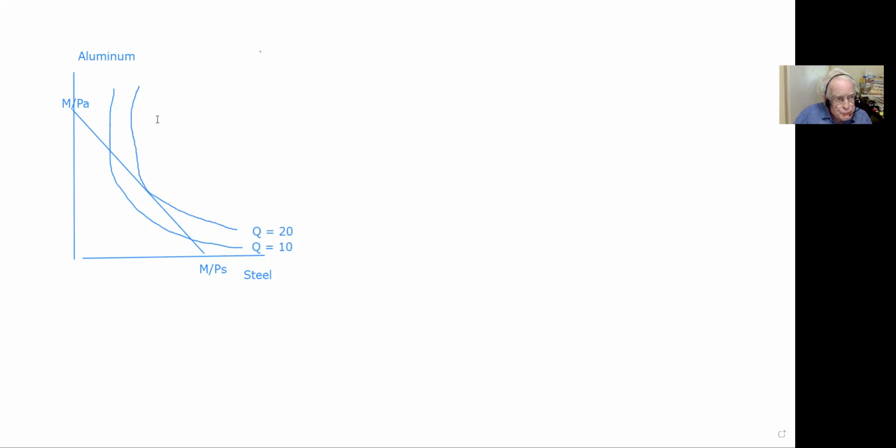And then as well, the higher isoquant has all input bundles that can produce 30 cars.